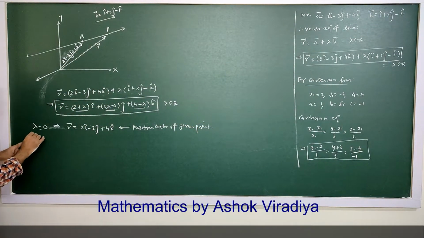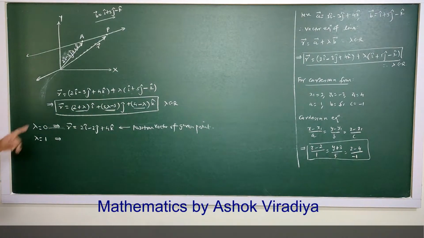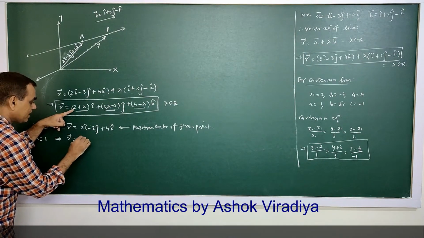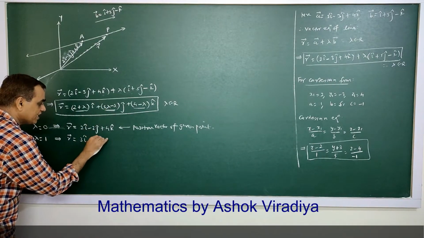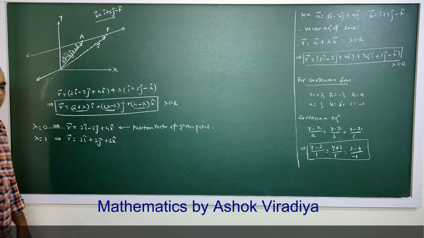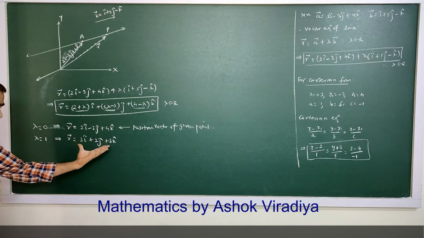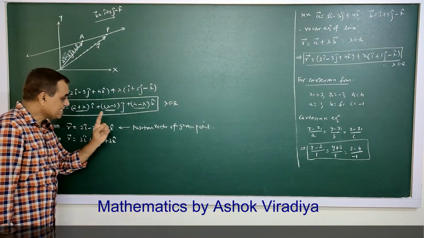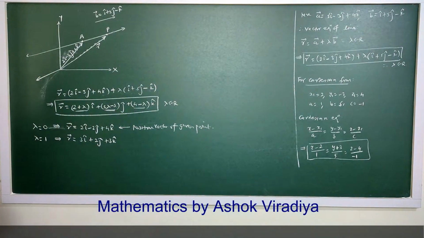Now I change lambda. Now I am taking lambda 1. If you put here lambda 1, 2 plus 1, 3i. Put here 1, 5 minus 3, 2j. Put 1, 4 minus 1, 3k. So this is the position vector of a point which is distinct from the point whose position vector is given.